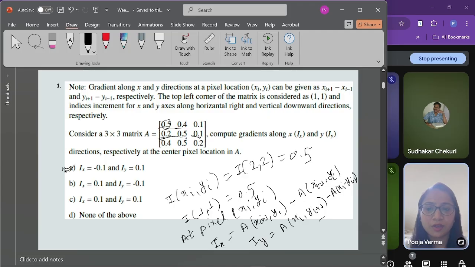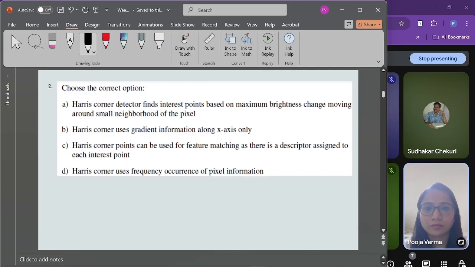So now moving to the next question. Our next question is a theoretical one. The question is: choose the correct option. Option A is Harris corner detector finds interest points based on the maximum brightness change moving around a small neighborhood of the pixel.